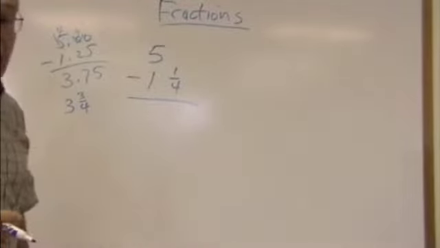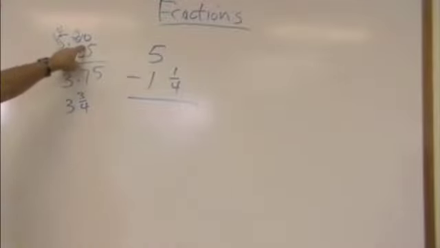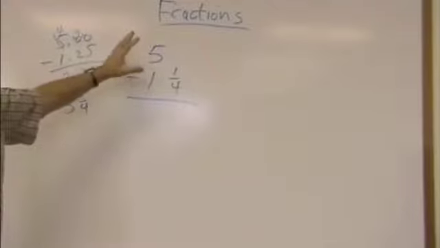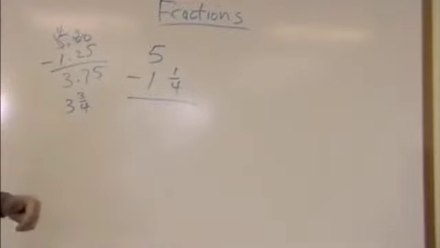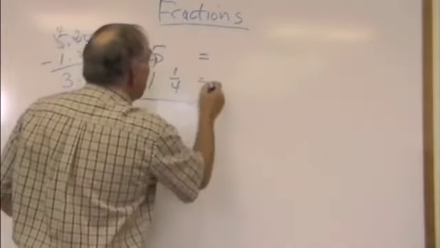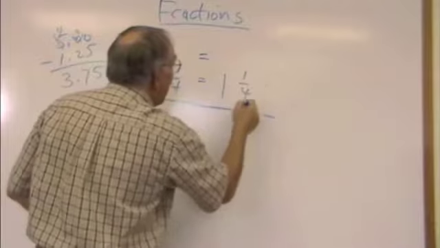This is where we have to do some borrowing. Just like in this problem, we didn't have any coins over here. We didn't have any change on this side, so we borrowed $1 from the 5, and we made some change over here so we could subtract the 1/4. I've got $5 and I've got to subtract 1 and 1/4.